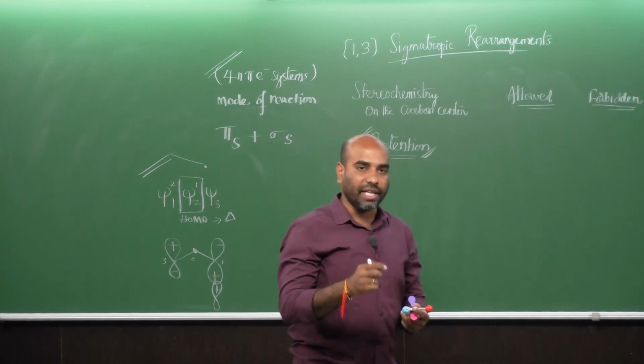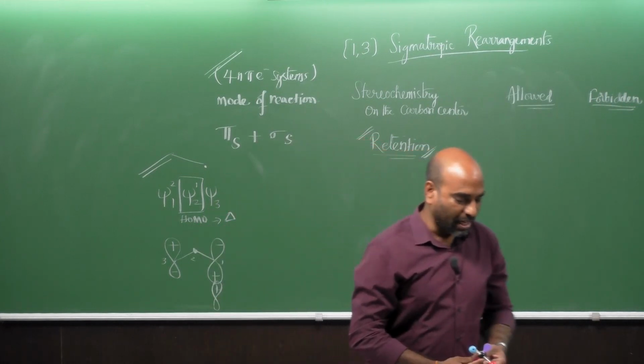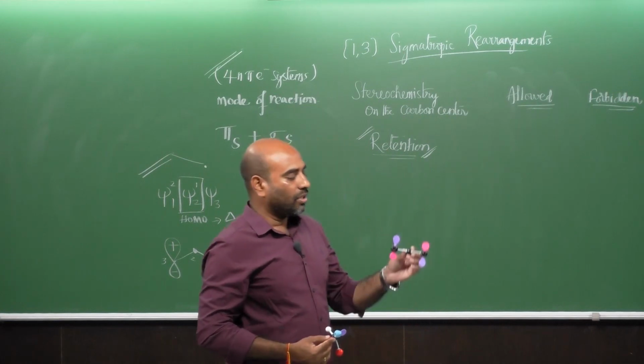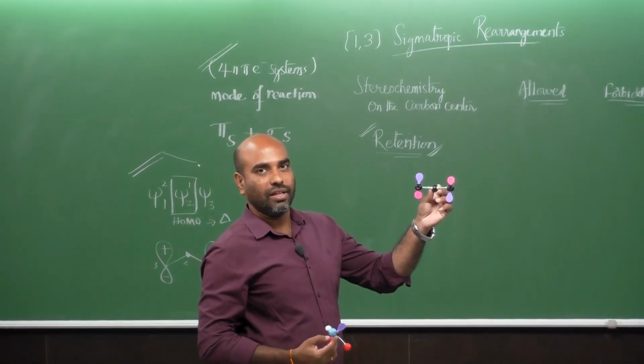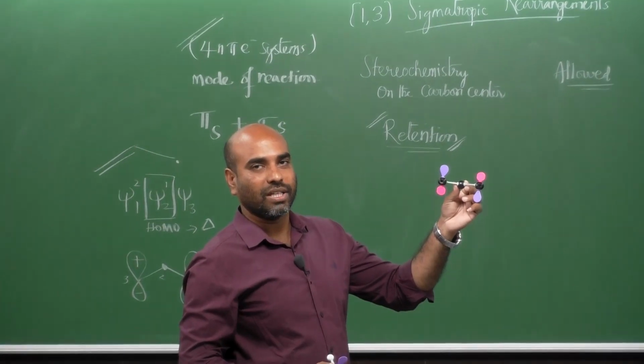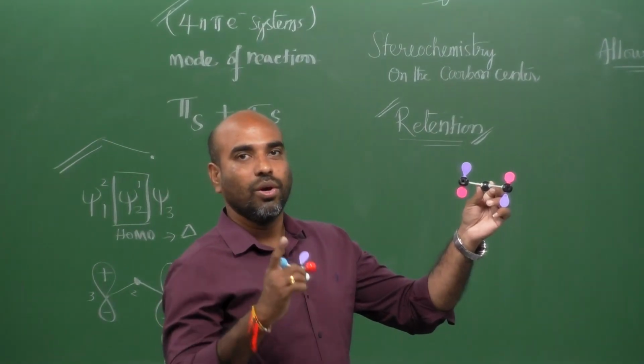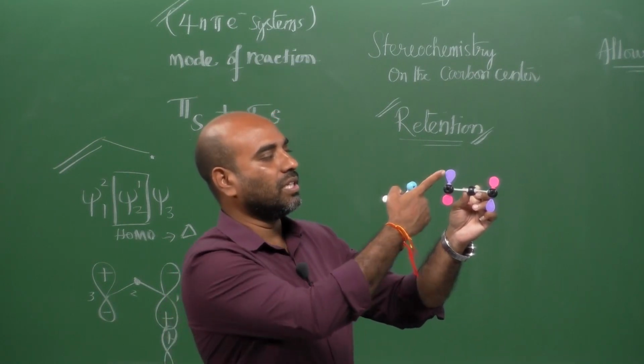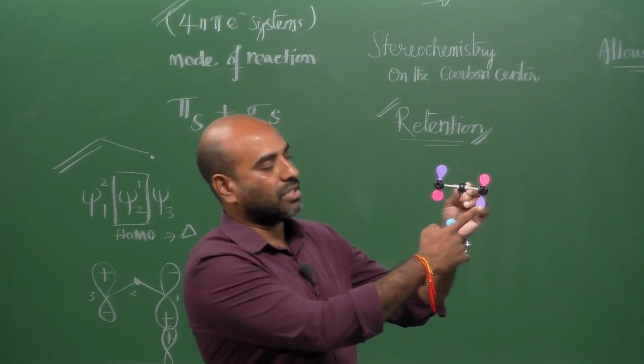So it has to retain the configuration, and at the same time you need to check the possibility of the reaction. This is the psi2 molecular orbital for the allylic system, the HOMO under thermal conditions. You see, this is the positive lobe and here is the positive lobe.